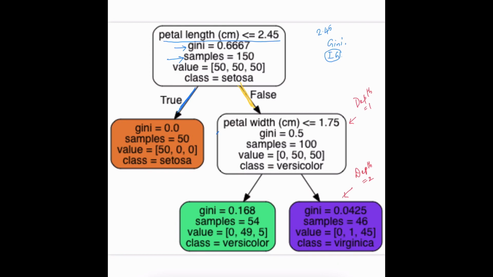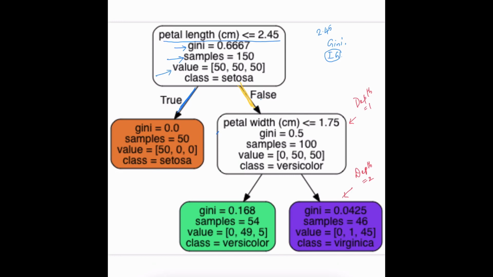Now the next piece of information that we have is value, where we have the split of the data instances according to their class. We have 50 in Setosa, 50 in Versicolor, and 50 in Virginica.